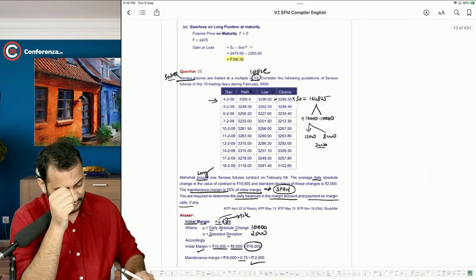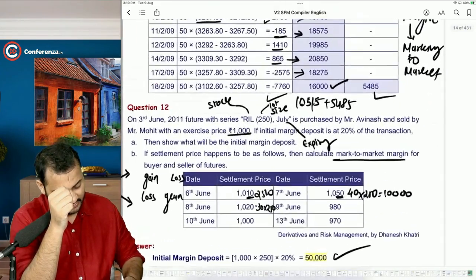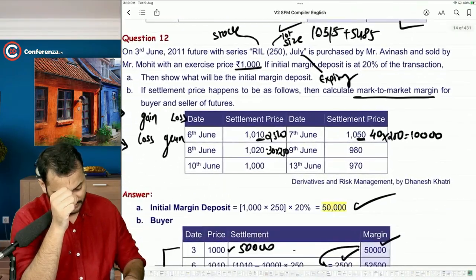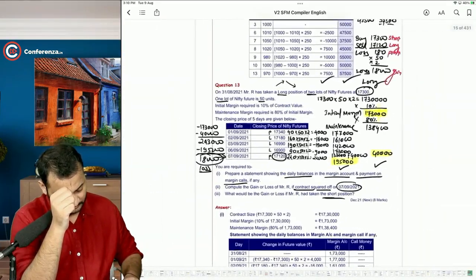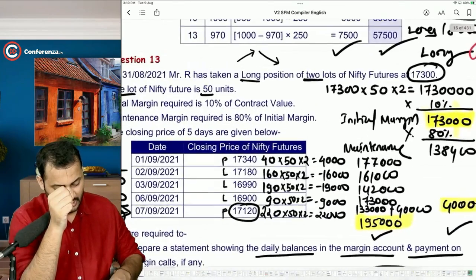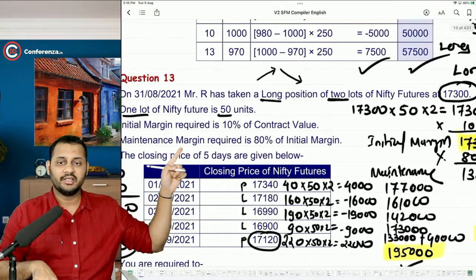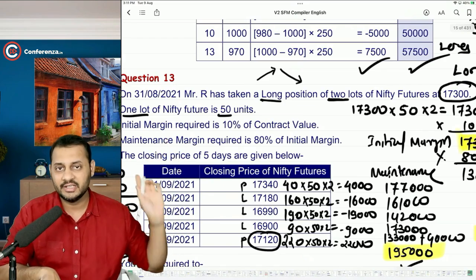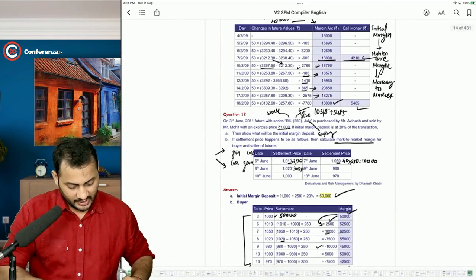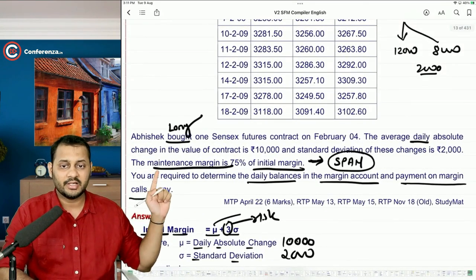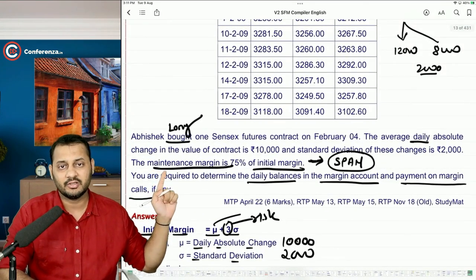In the previous question, the maintenance margin, let me just go back to this point. Maintenance margin was clearly mentioned that it is 80% of the initial margin, right? And in the previous question of that also, the maintenance margin was 75% of the initial margin.